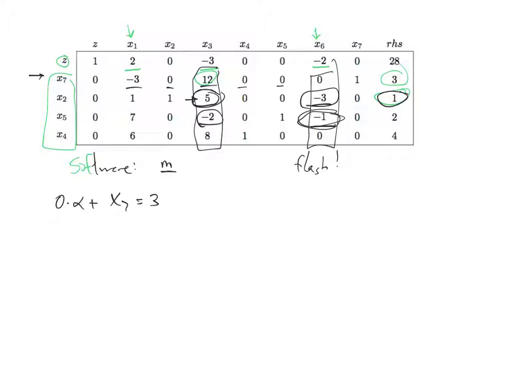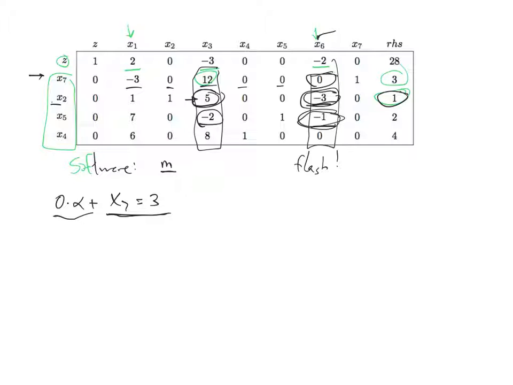So a 0 in the column that we're thinking of letting enter doesn't say anything about it. You can change x6 to any value, and x7 will just stay at 3. And the negative means as we increase x6, x2 would get bigger and be happier, less close to being negative, which is disallowed.